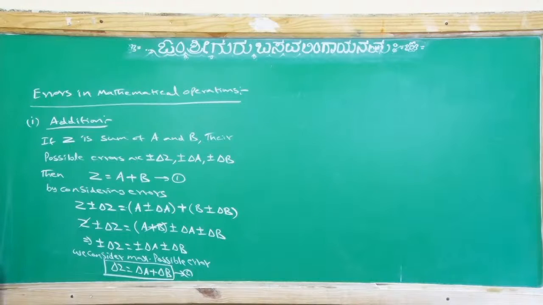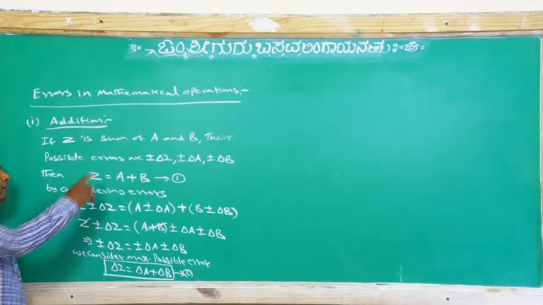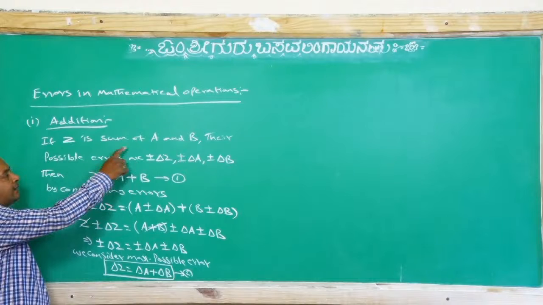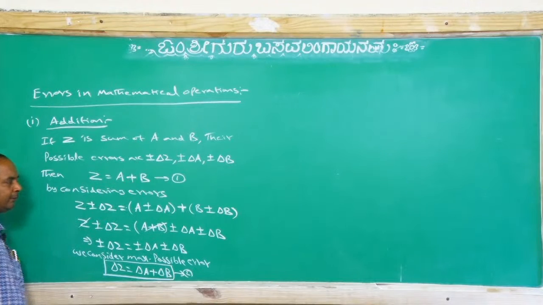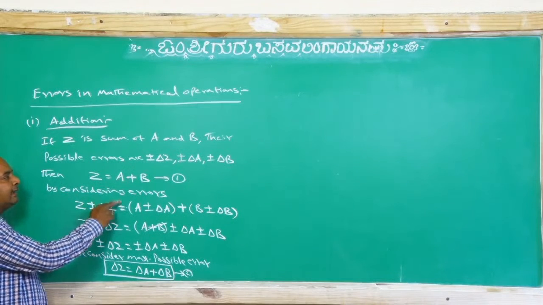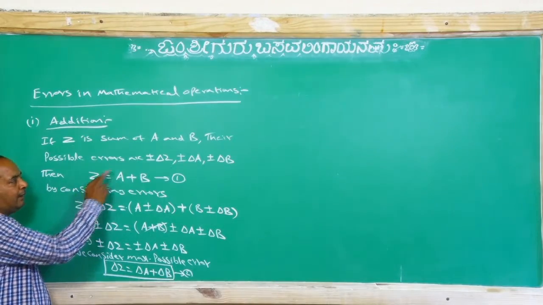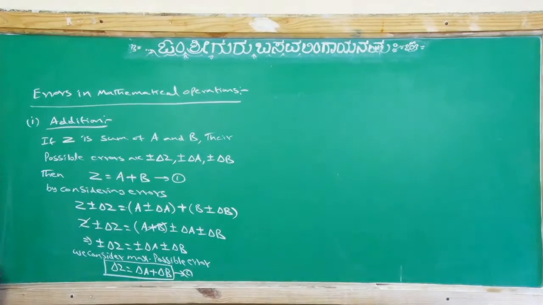If Z is the sum of A and B, their possible errors are considered as plus or minus delta Z, plus or minus delta A, plus or minus delta B. Here, what is given? Z is the sum of A and B. So, Z is equal to A plus B. By considering their errors, Z is the original value and plus or minus delta Z is the error.